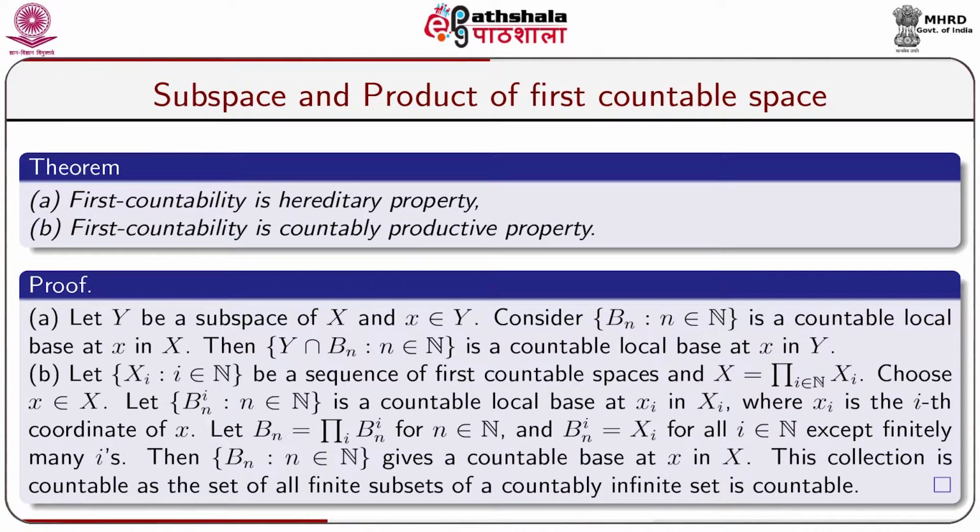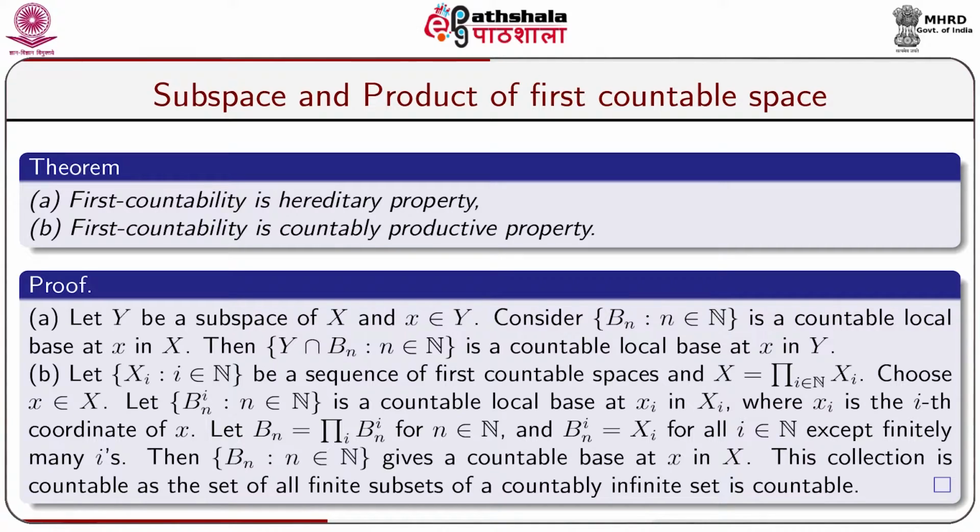Now we will discuss the subspace and product of first countable spaces. Theorem: first countability is a hereditary property, and part B, first countability is countably productive.